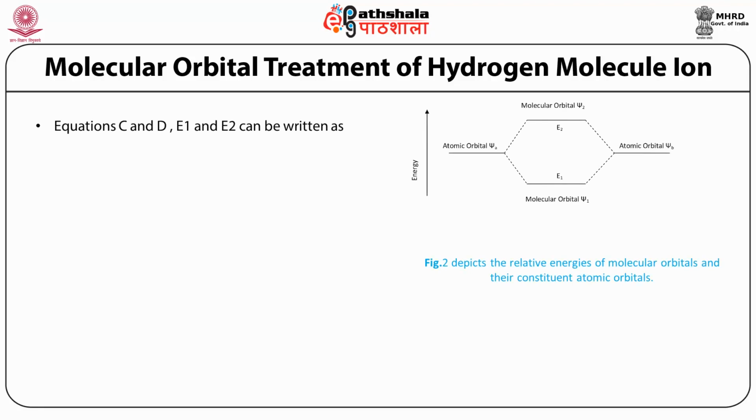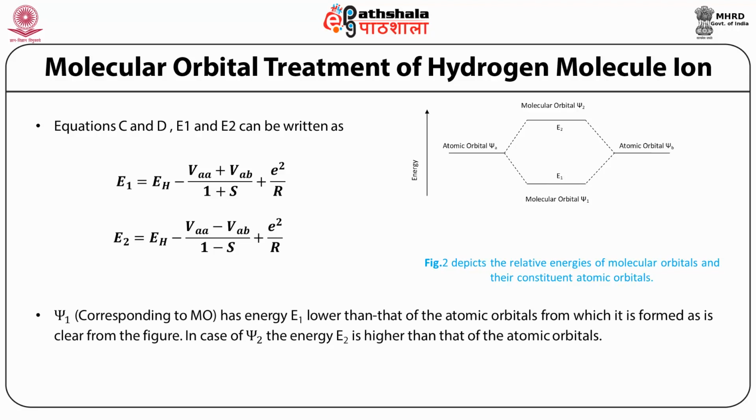From equations C and D, one is able to write down E1 and E2. E1 is equal to EH minus (VAA plus VAB) upon (1 plus S) plus e square upon R, and E2 is equal to EH minus (VAA minus VAB) upon (1 minus S) plus e square upon R.